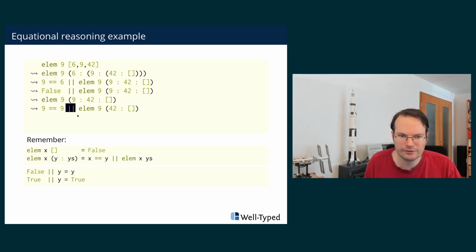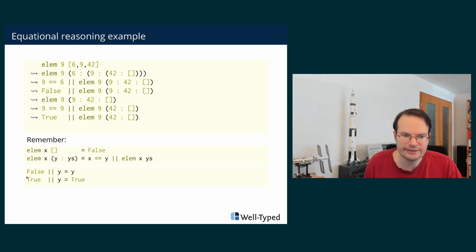And now we have a call to OR again, and we are again in the situation that in order to make a decision between the two cases for OR, we have to know what 9 == 9 evaluates to. But if 9 == 9 is sensibly implemented, it should evaluate to true, so we will get this.